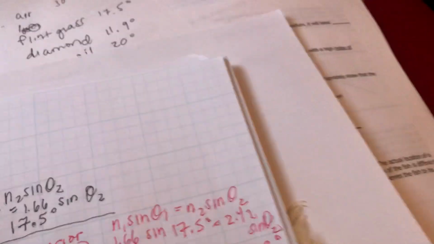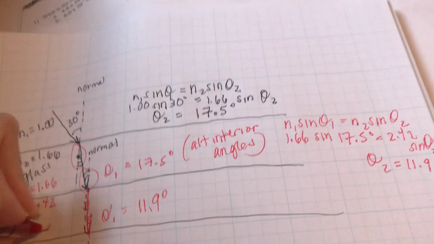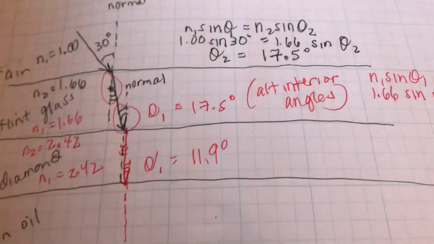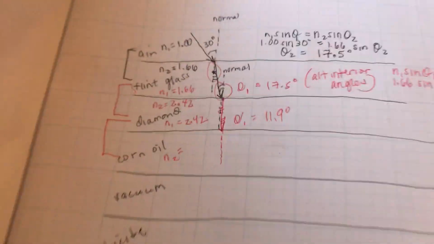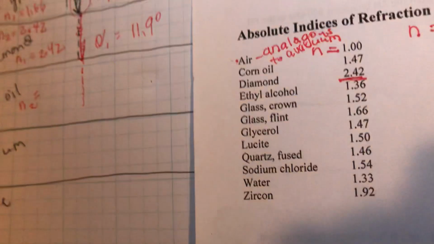So now theta 1 is 11.9 degrees, and n1 is 2.42 because we're still in diamond, but now that's our first medium because we're dealing with this interface. And n2 is the index of refraction for corn oil, which if I check my sheet, I will know. Oh, here we go. Corn oil, 1.47. Again, this is in the reference table.